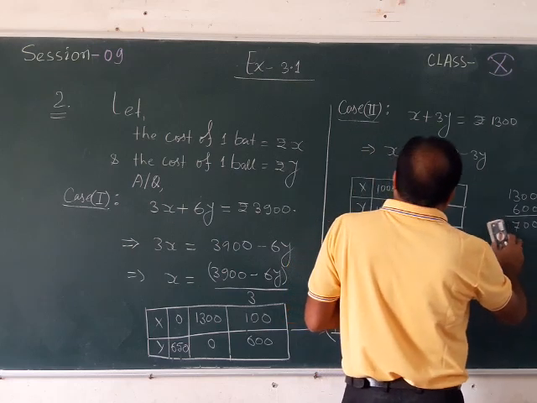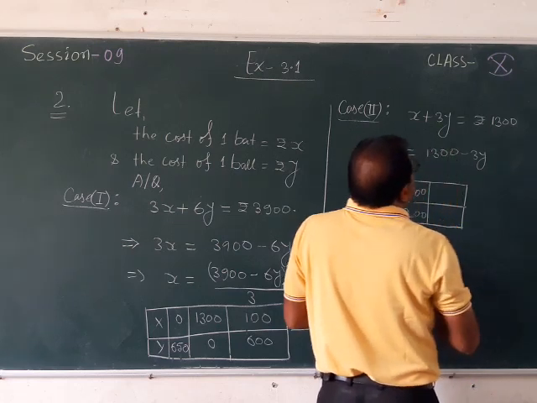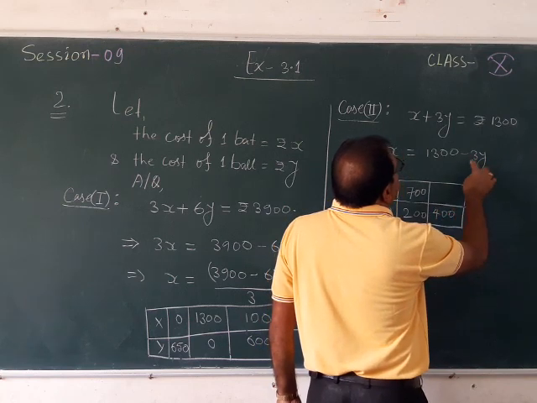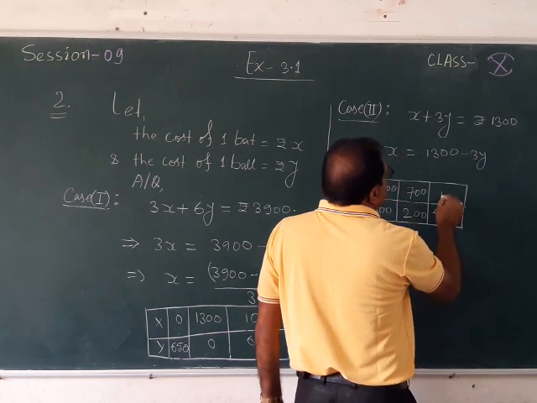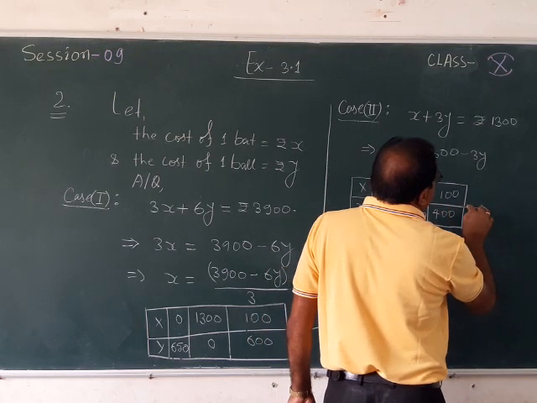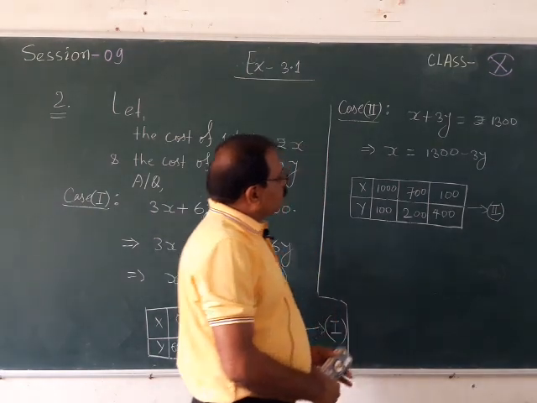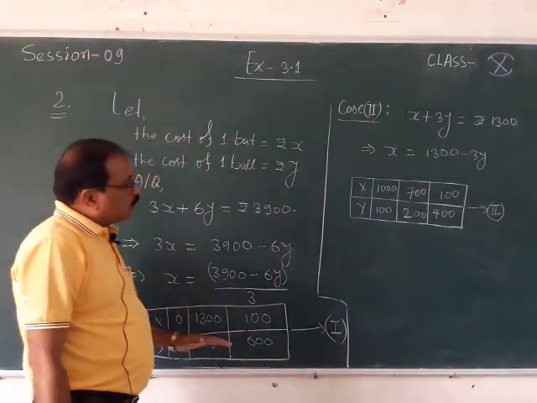Now suppose I am taking y as 400, then 4 threes are 1200, and 1300 minus 1200 is giving you 100. So this is your second table, the second solution set, and the solution sets are ready for you.